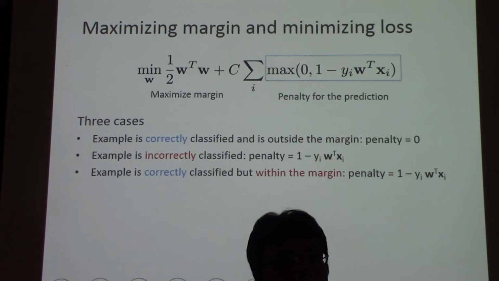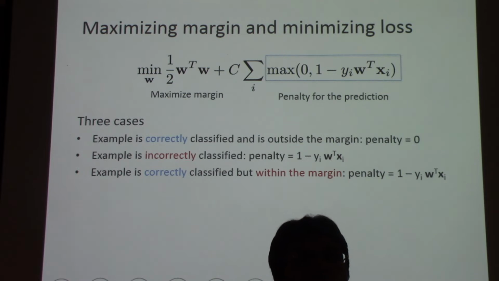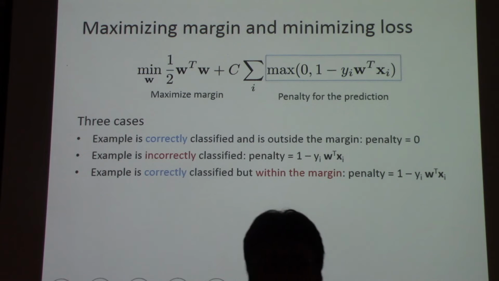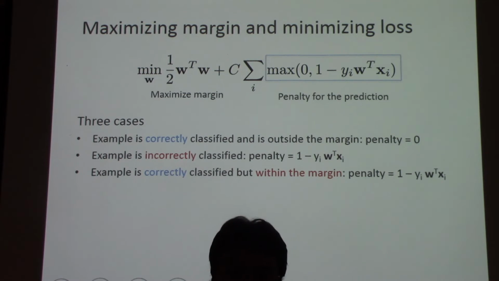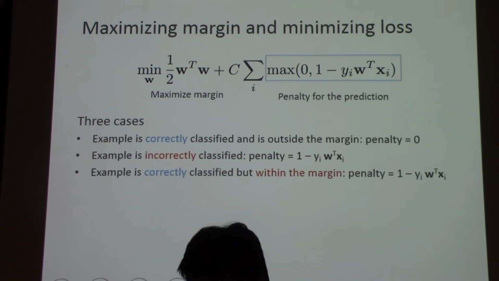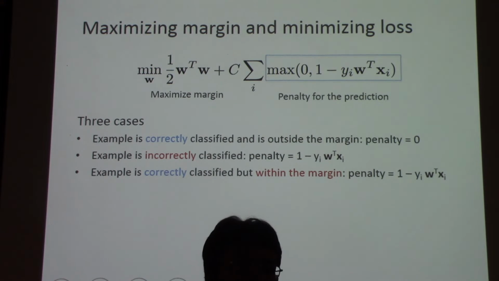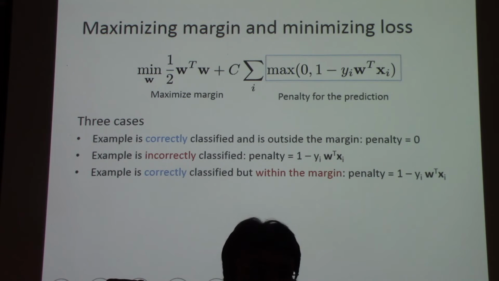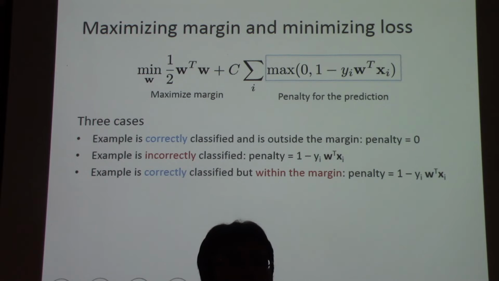If you set C to be very small, then it would be more inclined to get rid of that point. To say that, yeah, this is noise, let me just pay the price because I'm getting some extra boost through this W transpose W, the first term.